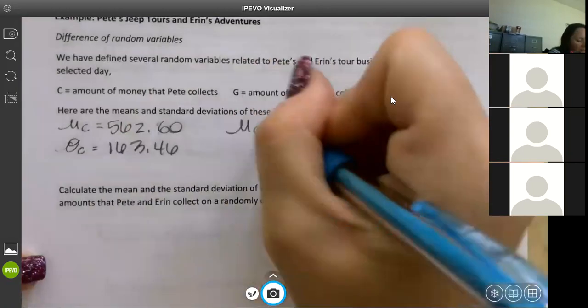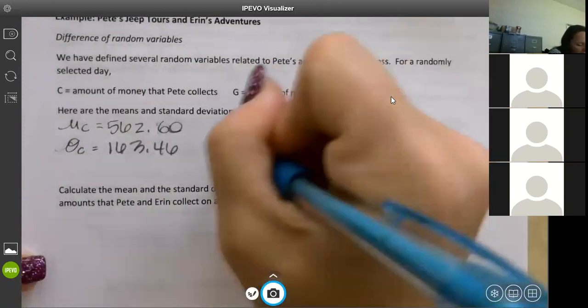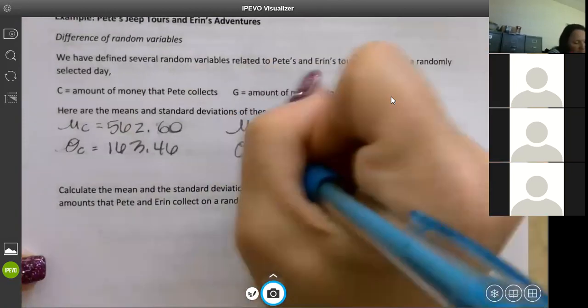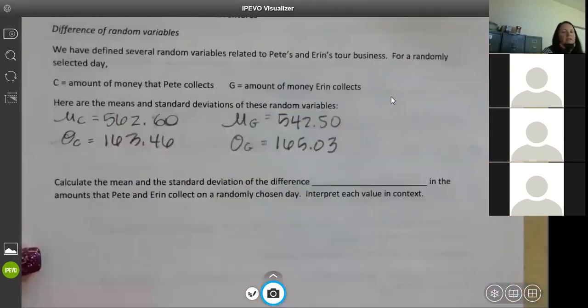Her mean was 542.50, and her standard deviation was 165.03.